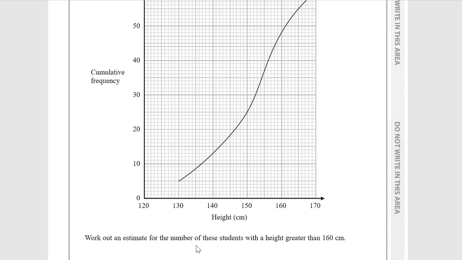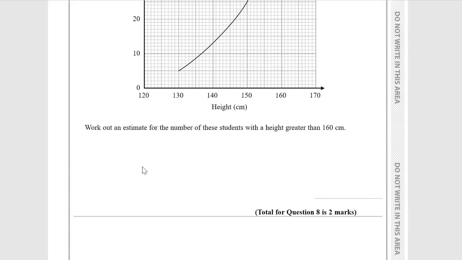So to work out an estimate, you go to 160, go all the way up, and when you hit the line, you can read across, and that to me says about 48. So there are 60 students. So 60 subtract 48 gives us 12. So an estimate of 12 students.